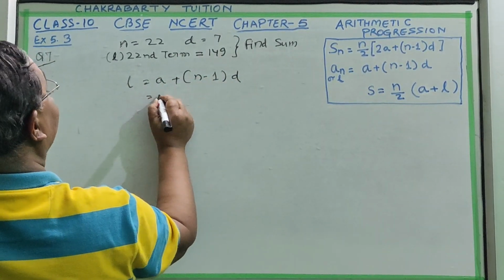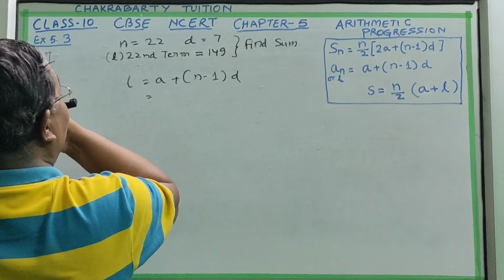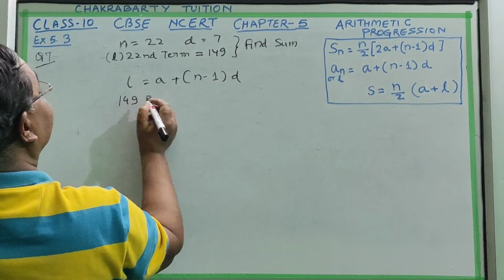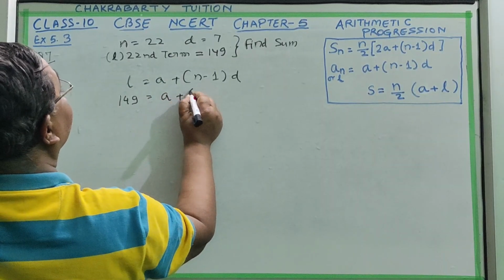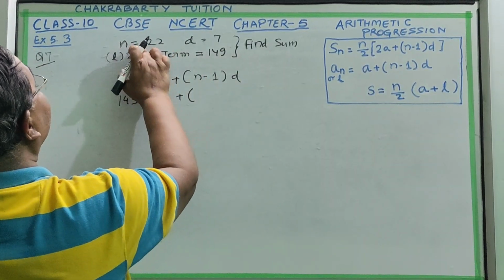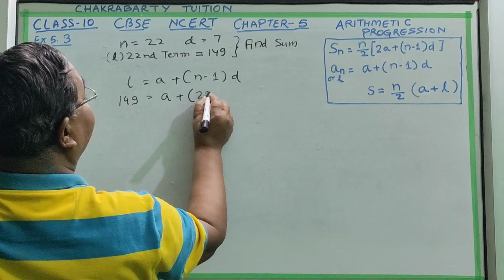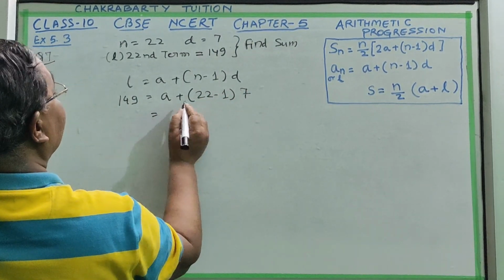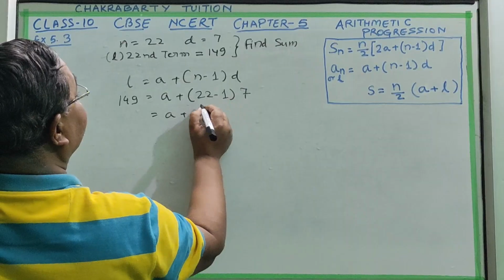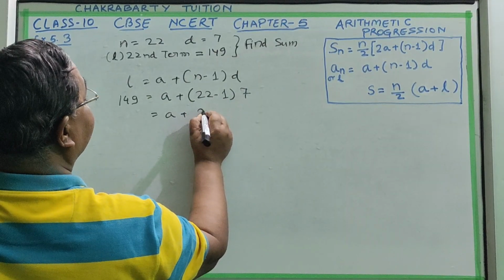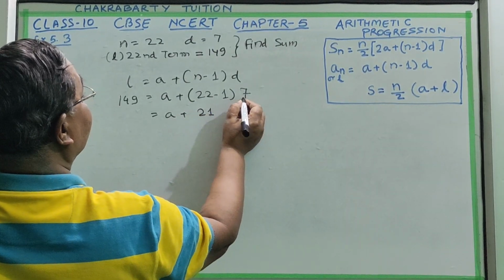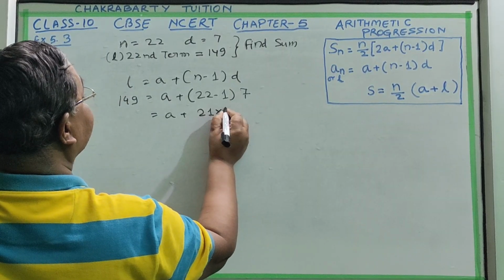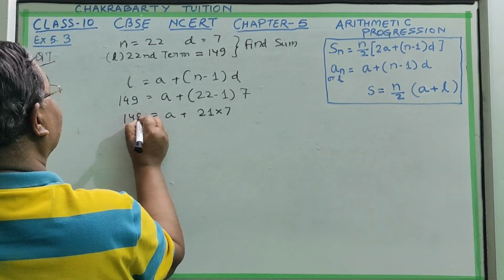So in the question, it is given that the last term is 149. Here we have to find out a, and in the AP there are 22 terms, and their common difference is 7. So a plus 21 into 7 equals 149.